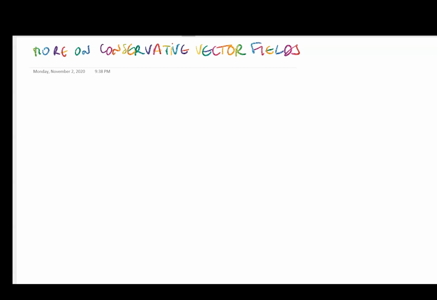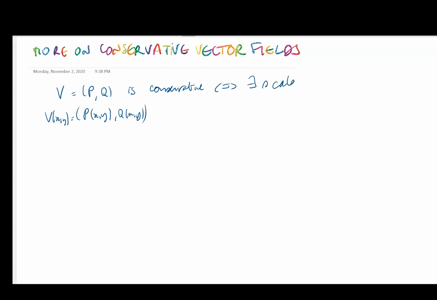To remind you, if we've got a vector field, let's say we are in two dimensions, so v is equal to p and q, that is p of x y and q of x y. You remember that we say that v is conservative, which means there exists some scalar potential.